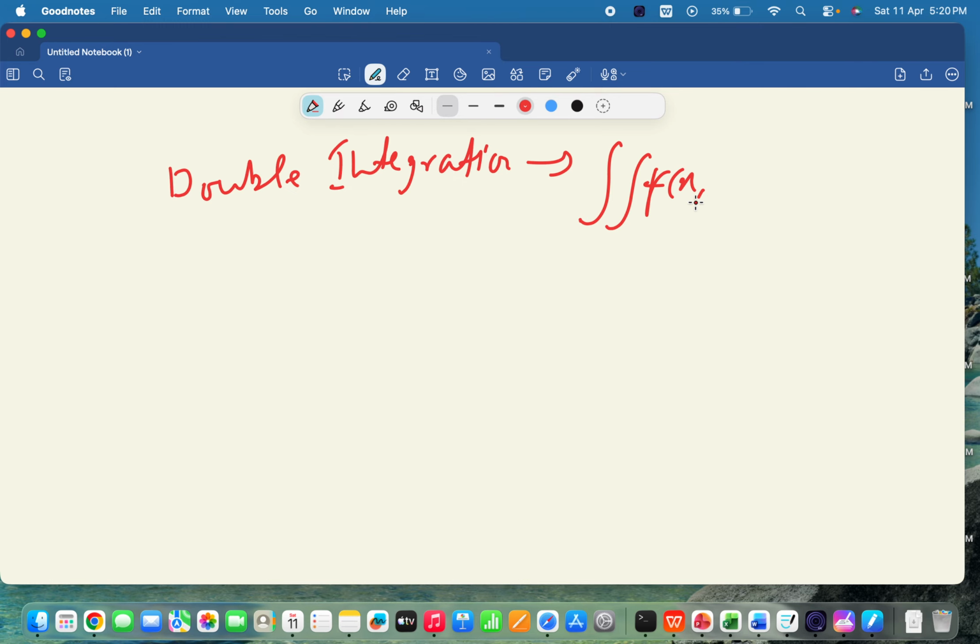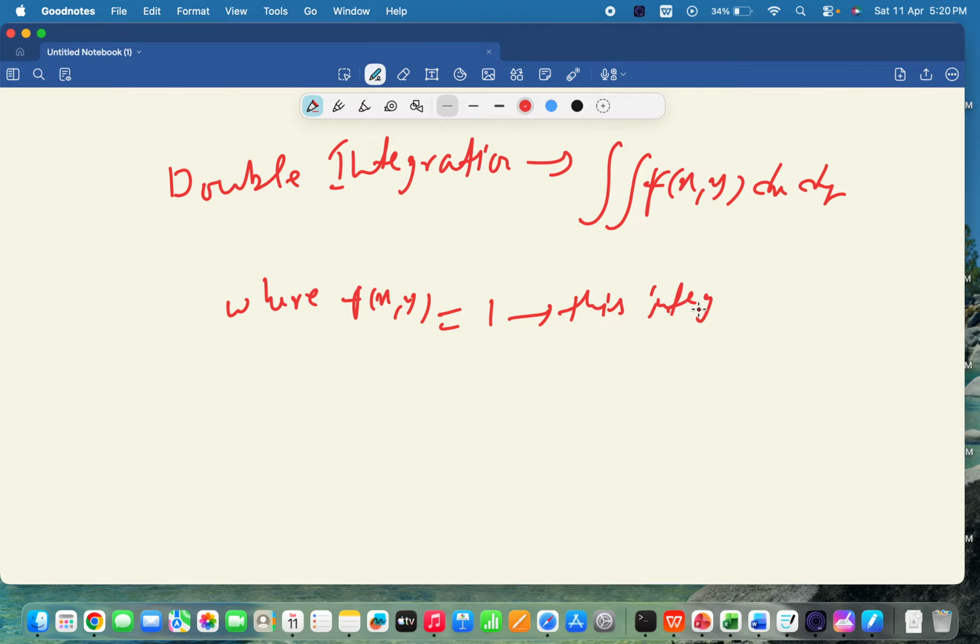Firstly, double integration is denoted by the double integral of some function f of x comma y dx dy, where if f of x comma y is equal to 1, then this integration is called area.